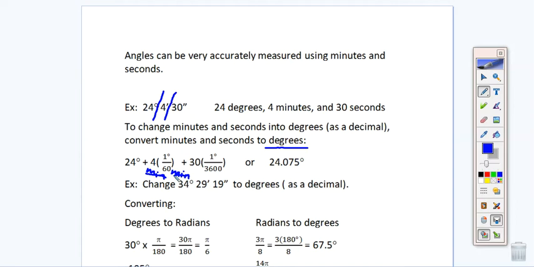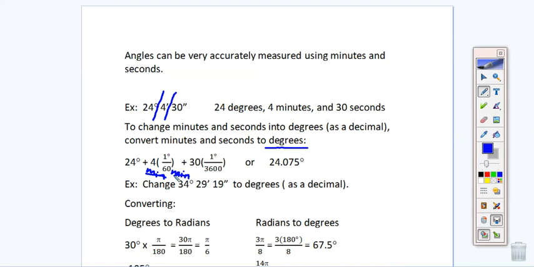How many seconds are in 1 minute? 60. But in 1 degree, there are how many total minutes? 60 minutes. So I know that in 1 degree there's 60 minutes, but in 1 degree that would be how many seconds then? 3,600. It's 60 seconds times those 60 minutes. Would you agree with that?